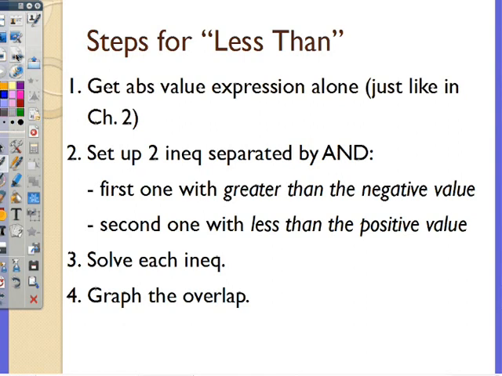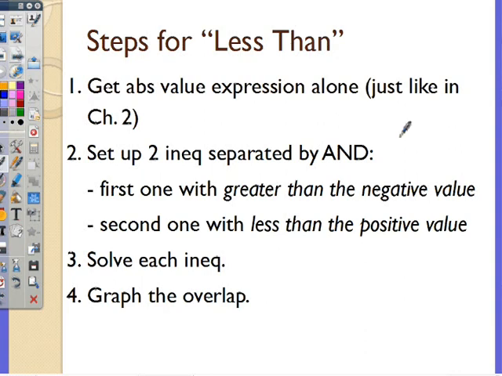Step 2, set up two inequalities separated by and. The first one has greater than the negative value. The second one has less than the positive value.